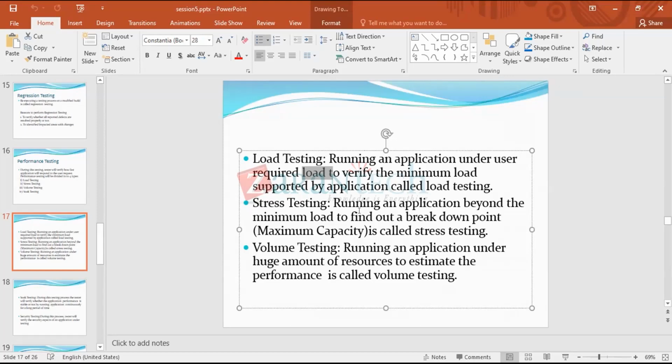What is the breakdown point here in my example? 10. Then what is the maximum? Breakdown minus 1 equals maximum, that means 10 minus 1 equals 9. So your system supports 9 users. You should not say my system supports 10 users. You should say my system supports 9 users. Why? Because at the 10th user, the system broke down.